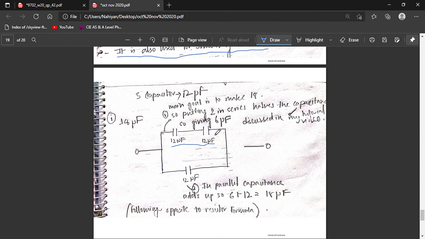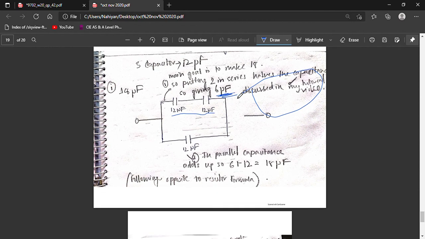In resistors, they added up, but here the capacitance actually gets divided. So the capacitance is now 6 microfarad, and how it halves is discussed in my tutorial video.